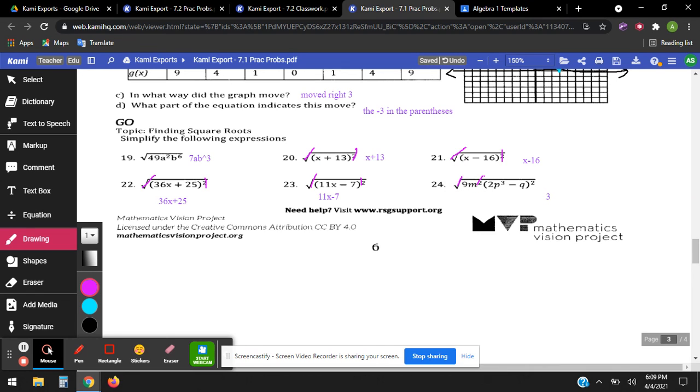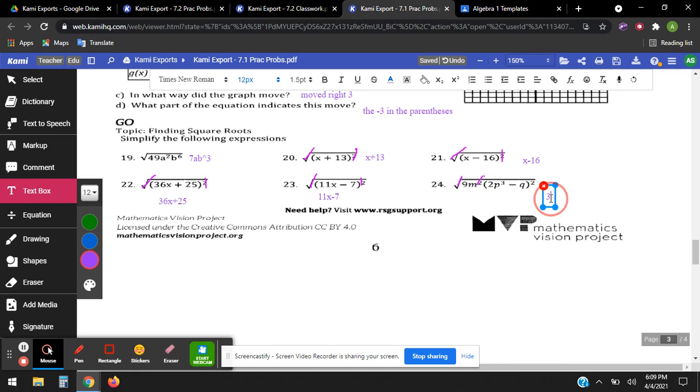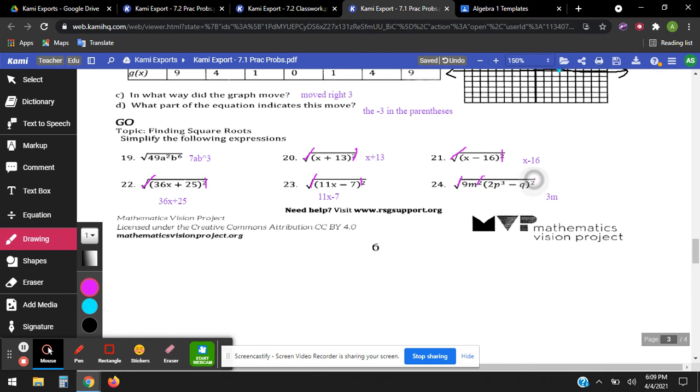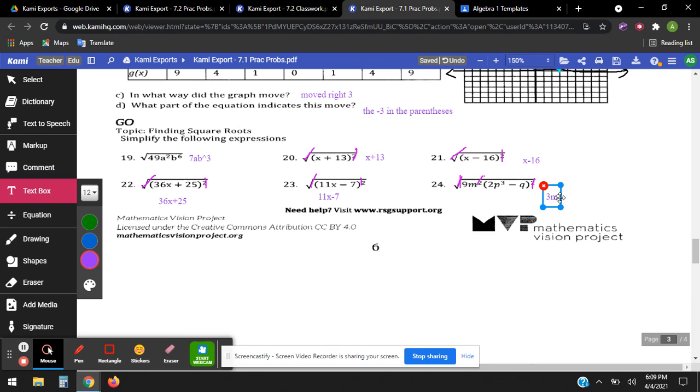The m squared cancels out with the square root. So that leaves me with just an m. And then when I look at the parentheses, everything in the parentheses is squared. So actually, that cancels out with the square root as well, leaving everything in the parentheses.